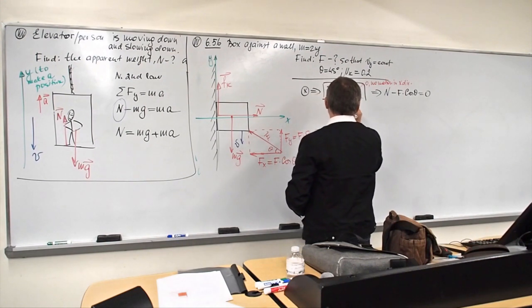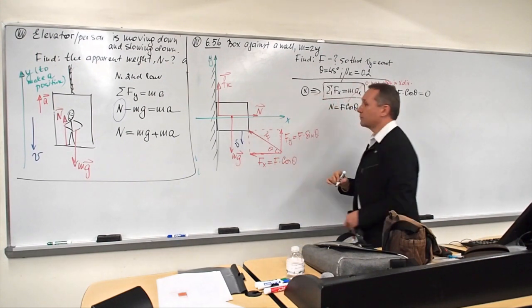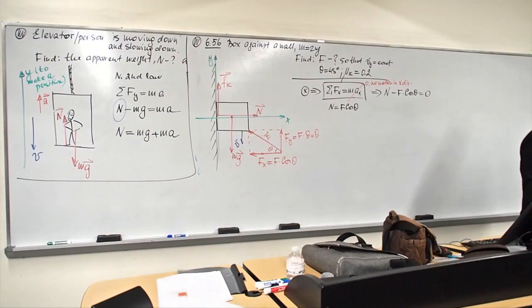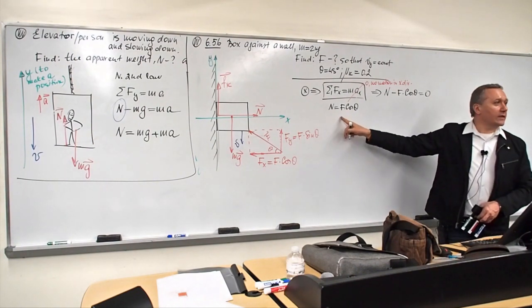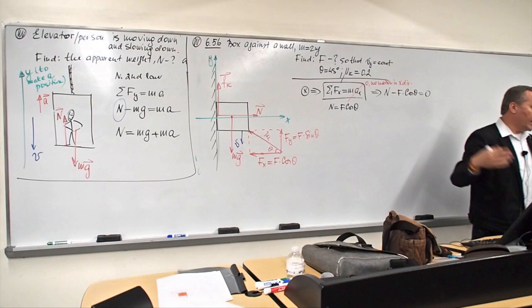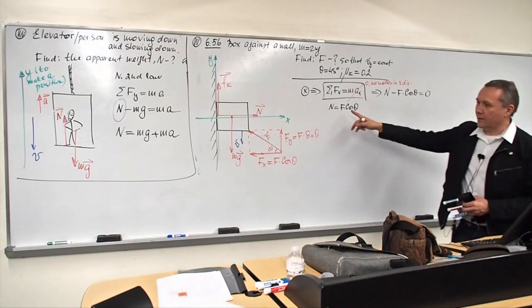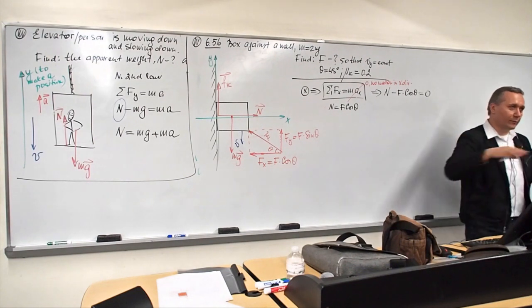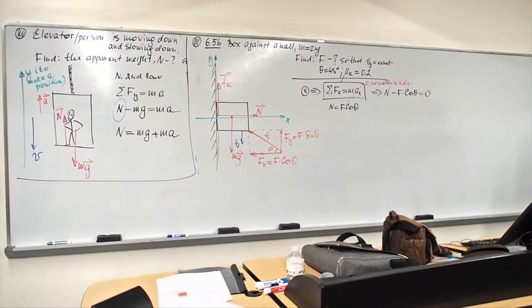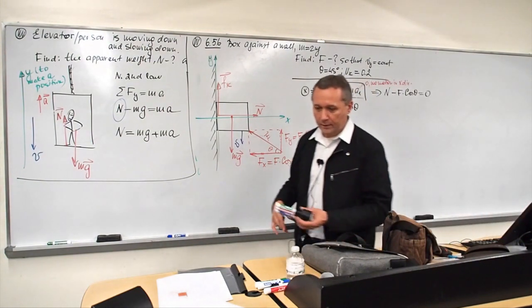It will be F cosine of the angle. This force is not known right now, it's just unknown. When we write down the equation in the y direction, we should be able to find this value. But for now, we just carry it as a symbol.